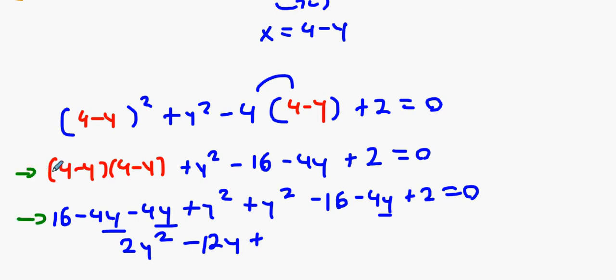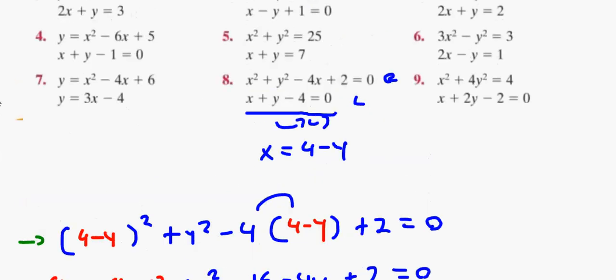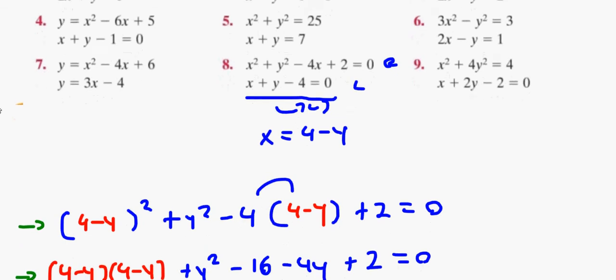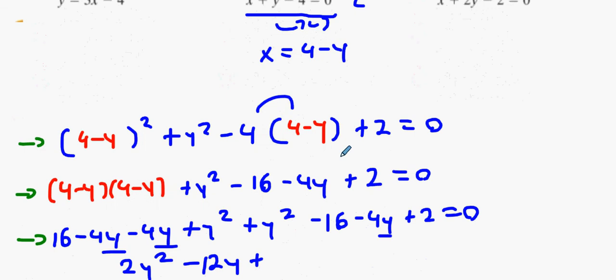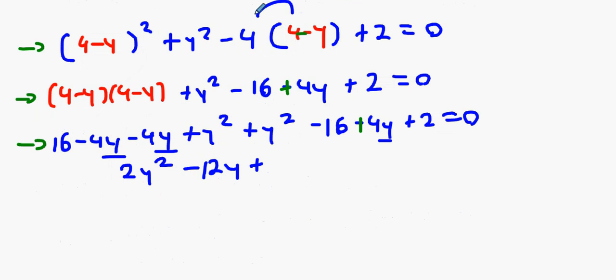I made a mistake up here. Is it a plus? So minus 4 by 4 is 16. Minus 4, oh, plus 4y. Thank you. Alright. I was wondering because I couldn't actually do that equation, so I was worried. Alright, so that's minus 4y and that's plus 2, is that it?